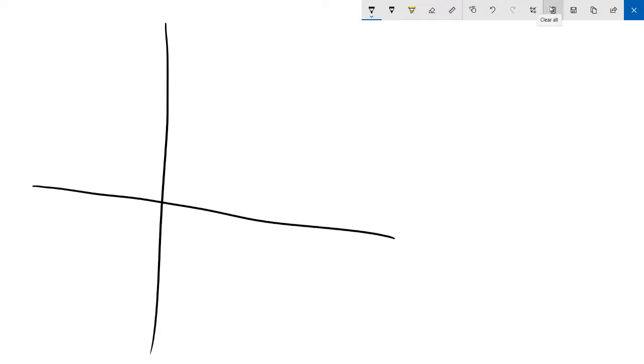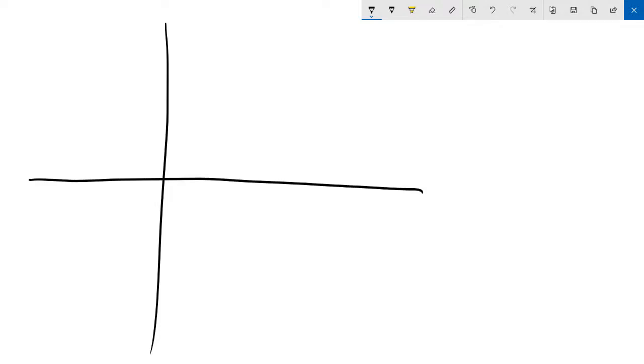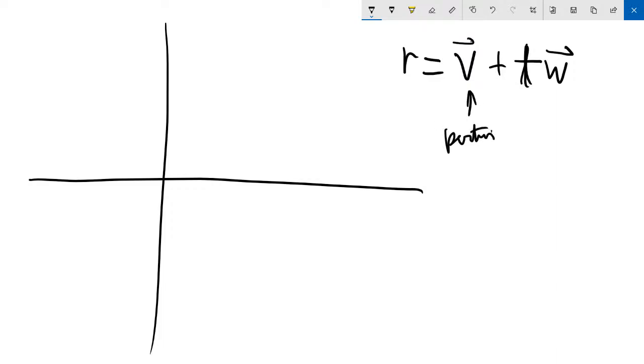If we were to have a line, the way the vector equation of a line works is it's usually in the general form r is equal to some vector plus some parametric, a constant scale multiple of this vector. Now this is where the direction vector and position vector come in. This is a position vector. This is a starting point.